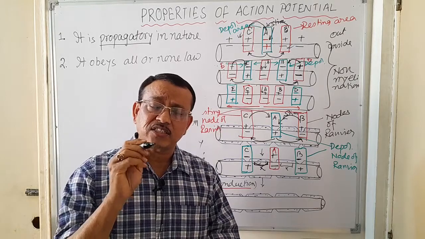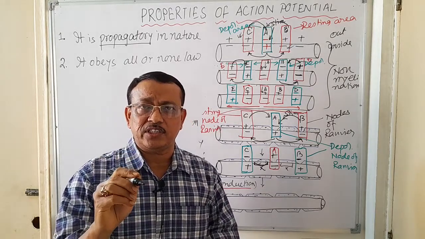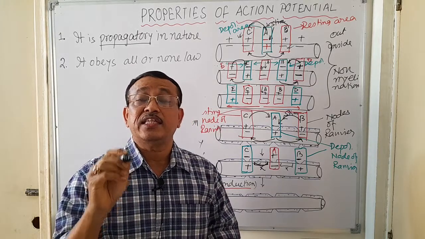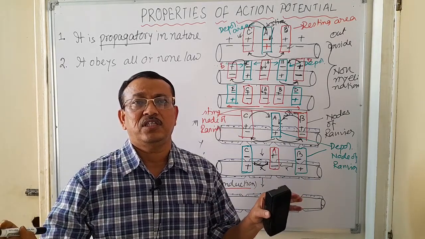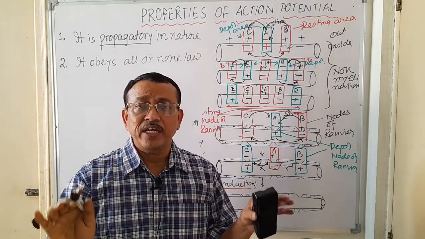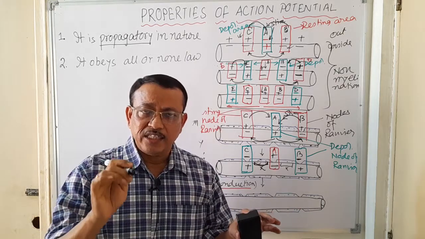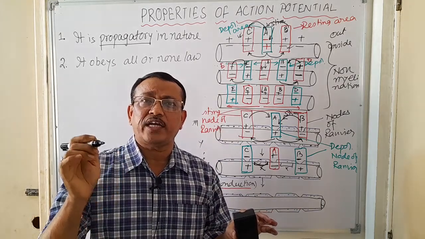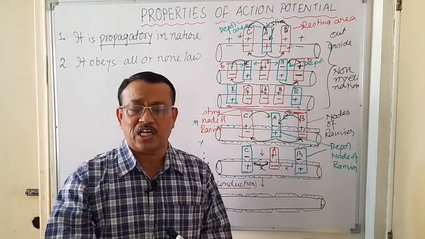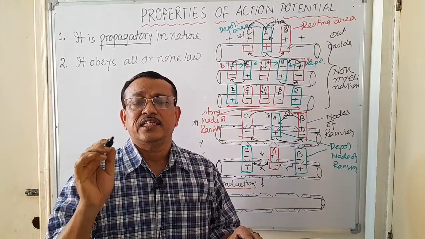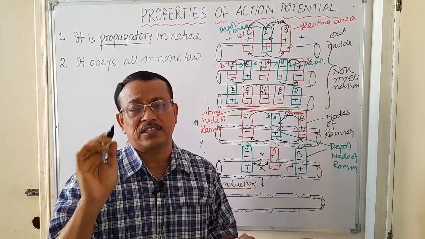If that stimulus has got the capacity to generate the action potential, then it will generate it maximally. That means if any stimulus has the capacity to generate the action potential, then that should be maximal.